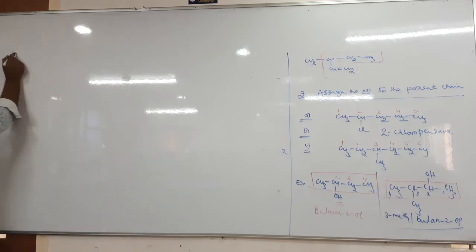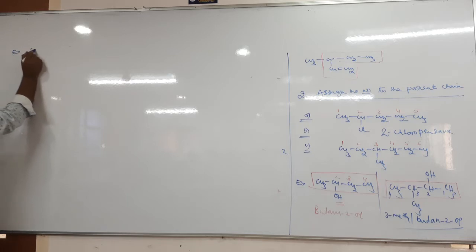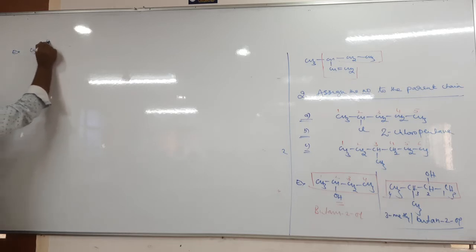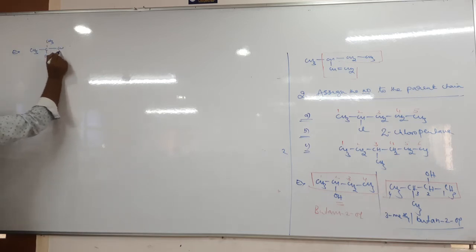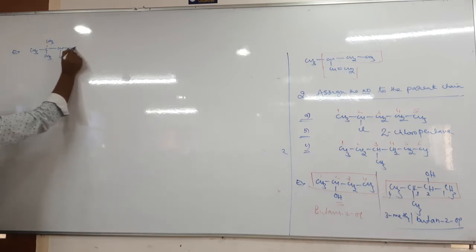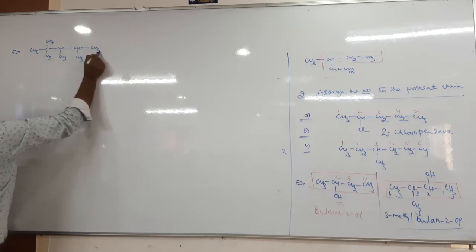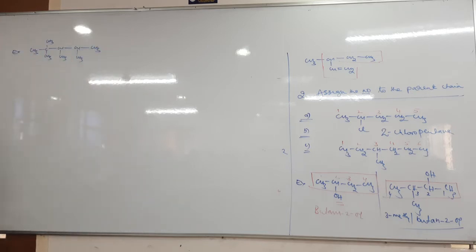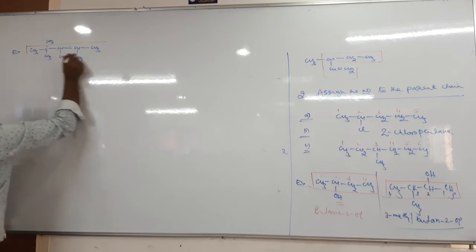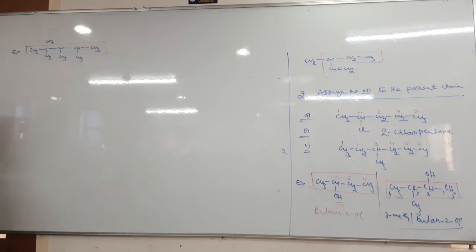Example. Now the parent chain contains 2 or more substituents. Come on, tell me.